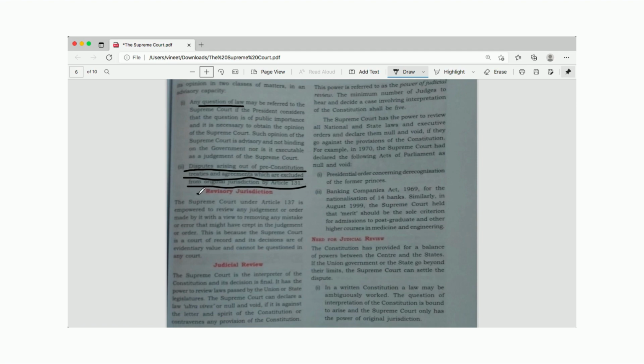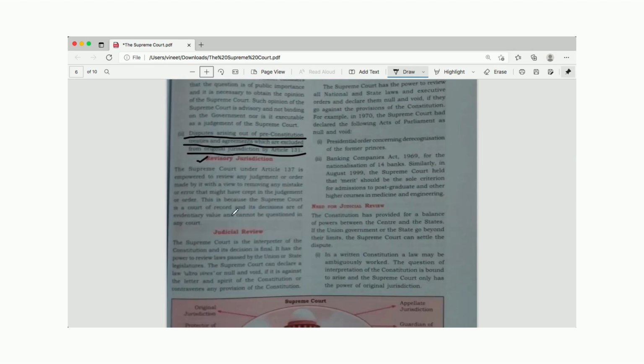Then comes the revisory jurisdiction. You will do this also. The Supreme Court can revise its own judgments when they feel that an error might have crept in the previous judgment, then they can revise their own judgment in public interest, and also because of changing times and because of latest interpretation of some constitutional clauses.